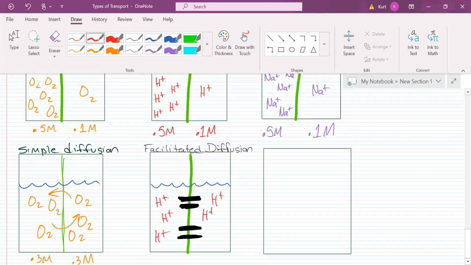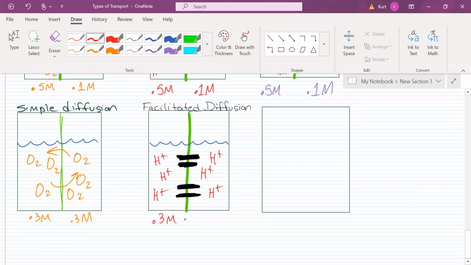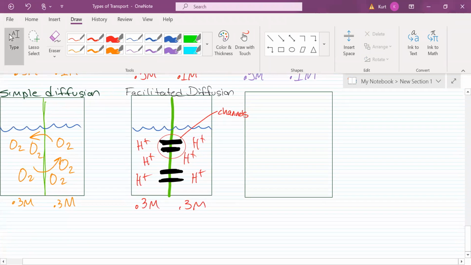We have 3 hydrogens on the right. It has now reached an equilibrium, 0.3 molar, 0.3 molar. They pass through those channels. These gaps here are going to be channels, protein channels. Okay?